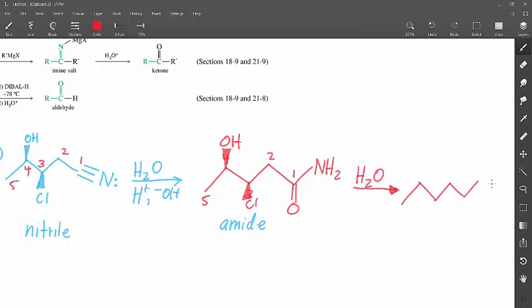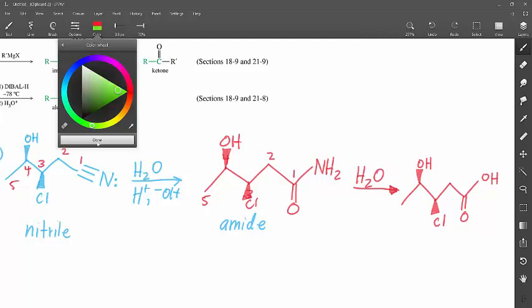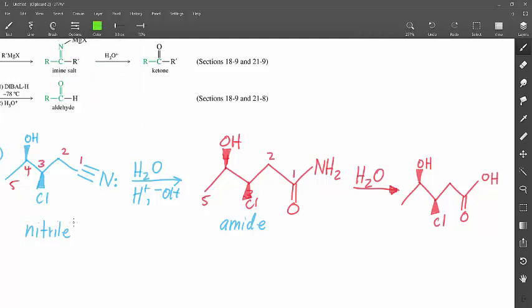That's going to be OH. So the transition from here to here, double bond O, wedge OH, wedge Cl.